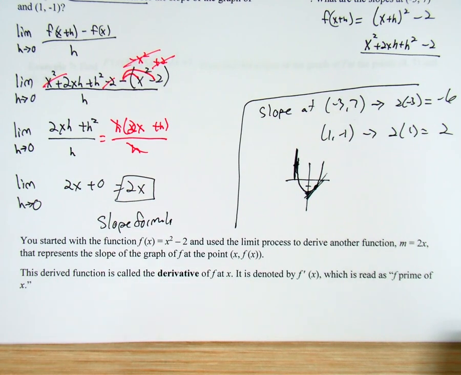You started with the function x squared minus 2 and used the limit process to derive another function, m equals 2x, that represents the slope. The derived function is then called the derivative of f at x. It is denoted by f prime of x, which is read f prime of x. That's why I said it that way.